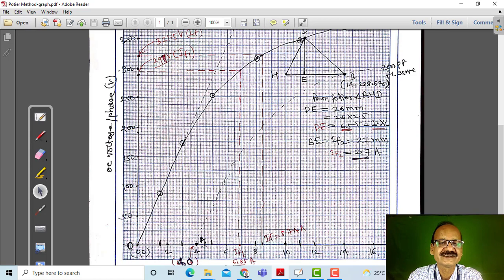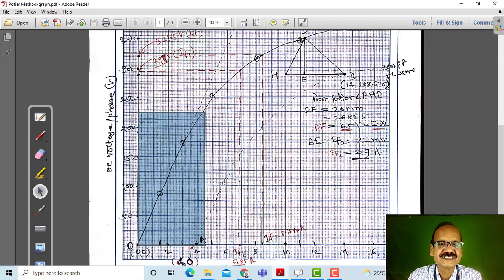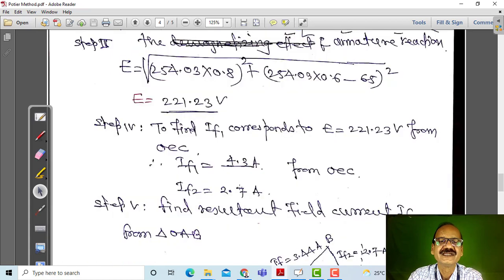The point is marked here. This is 4.4 or 4.3, okay, let us check it. It is 4.3 ampere from the OCC, and IF2 is already obtained as 2.7.